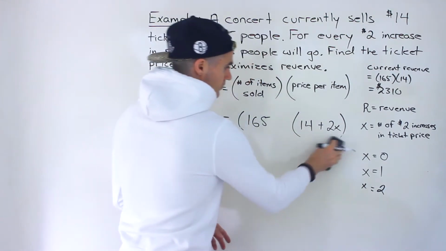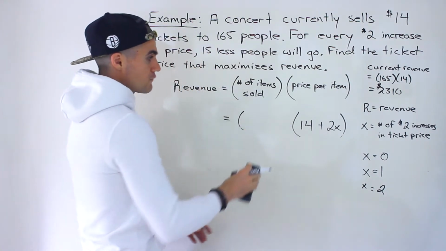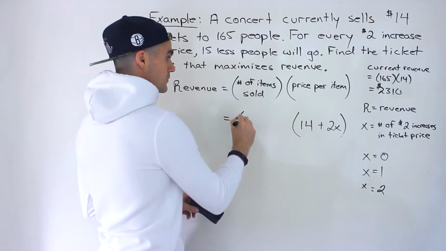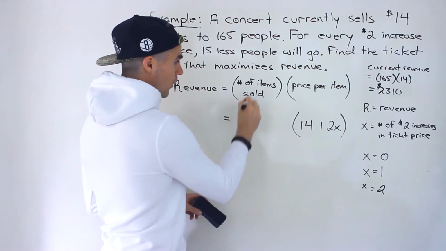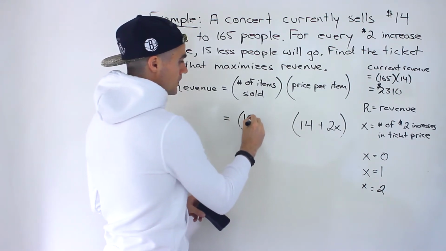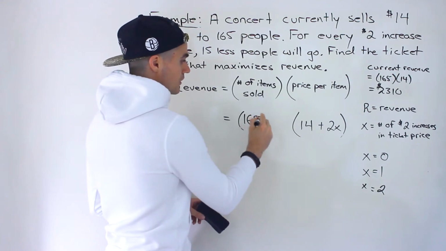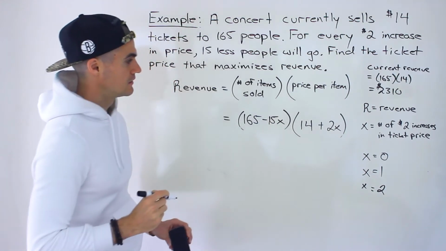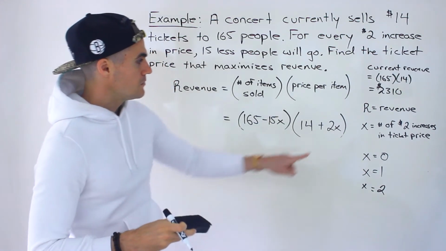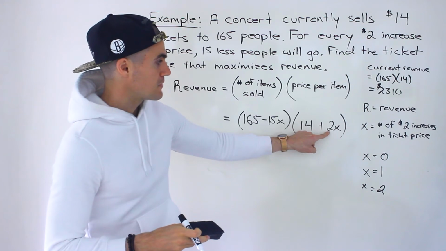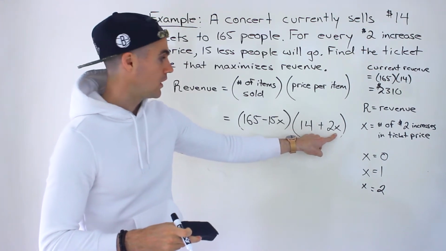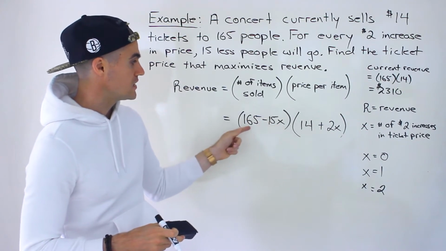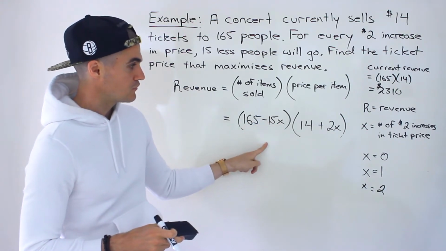Now, we know that for every $2 increase in price, 15 less people will go. So the number, or the quantity bracket here, we can say is 165, the current level, minus 15 times x, like that, right? Because if we increase the price by $2 once, x is 1, well, if we plug in 1 over here, 15 less people will go. 15 times 1 is 15, 165 minus 15 will give us 150.